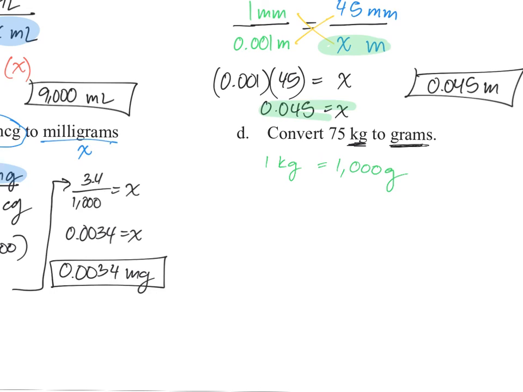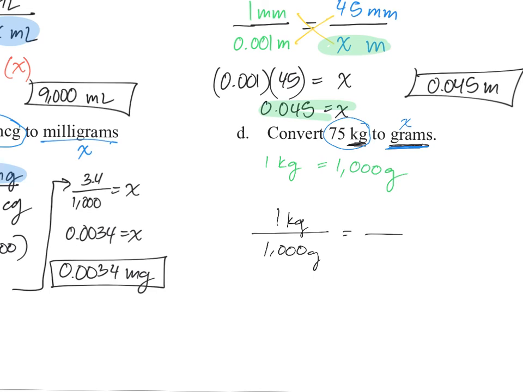So we're going to use that for our proportion. I'll put 1 kilogram over 1,000 grams, and I want that equal to 75 kilograms to, well, we don't know how many grams. So that's going to be my variable x.